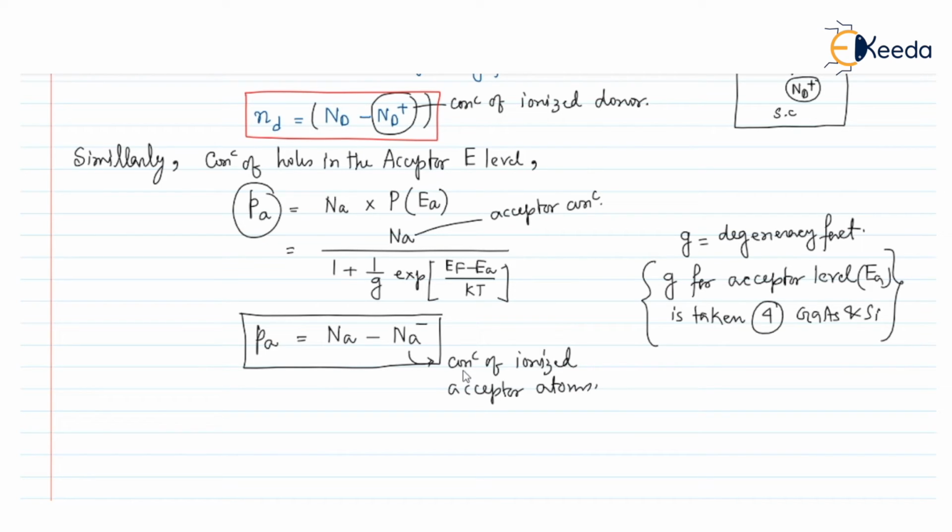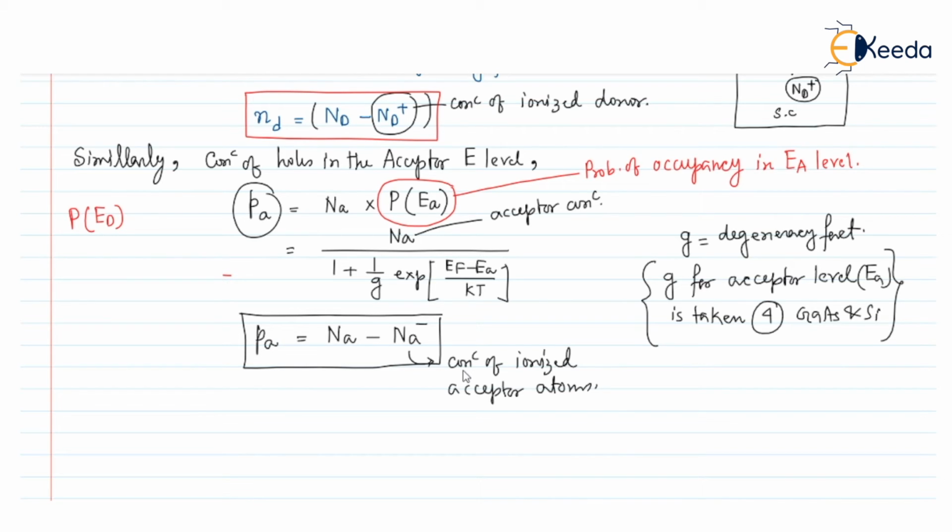And P of Ea is the probability of occupancy of the acceptor energy level, and P of Ed, which we have already found, was the probability of occupancy in the donor energy level.